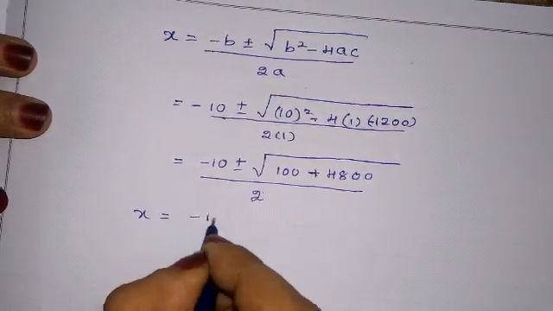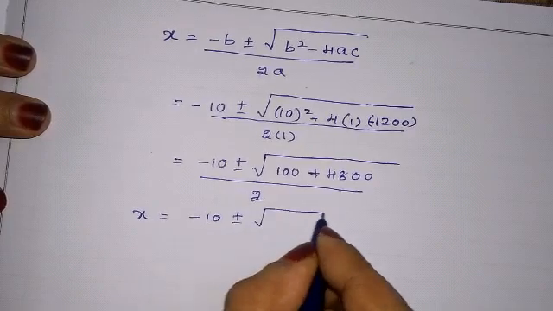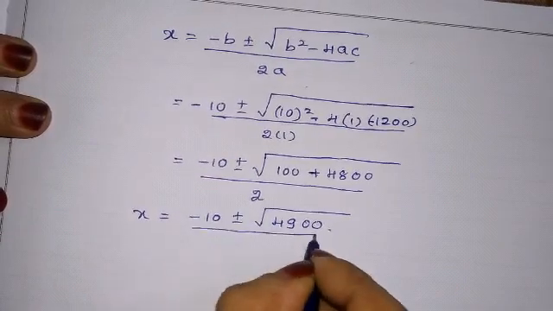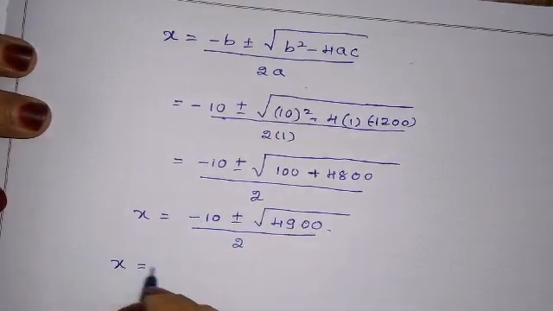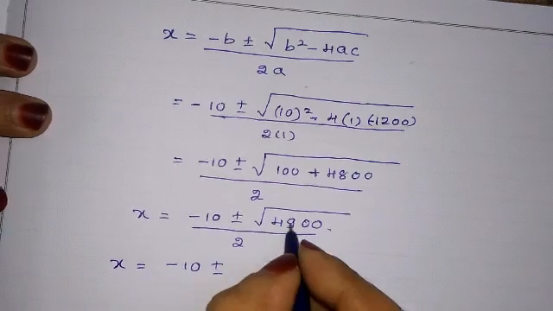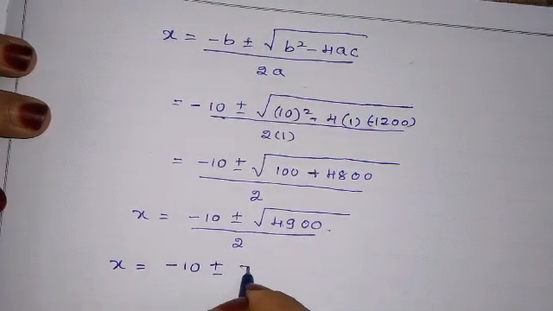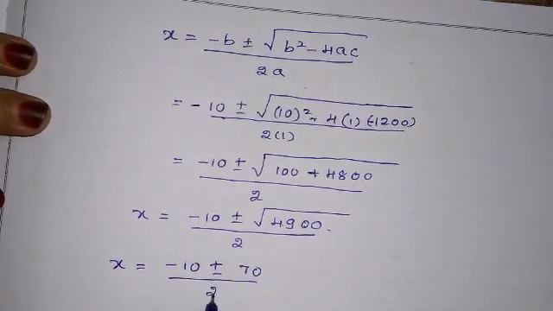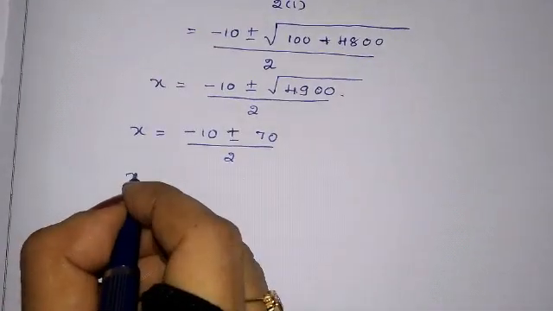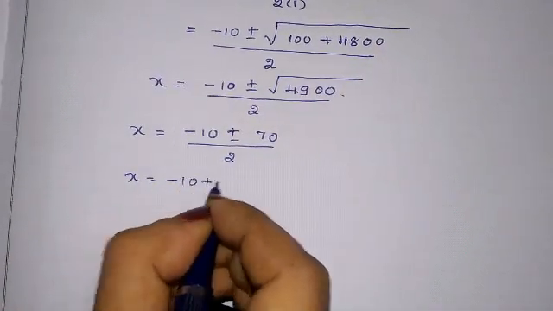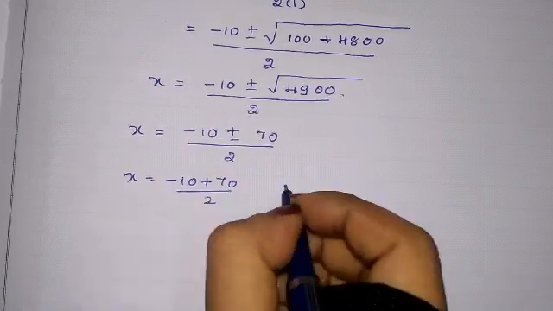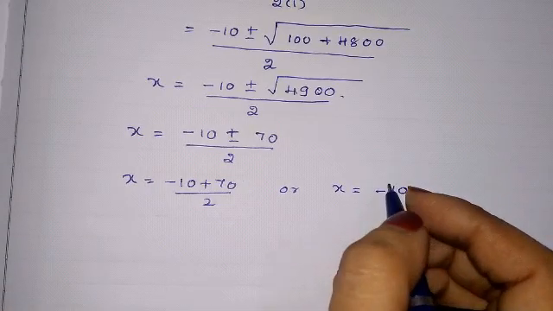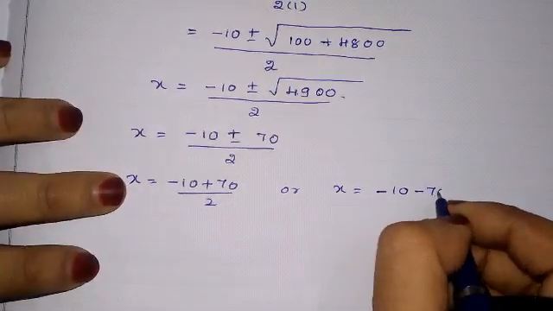x is equal to minus 10 plus or minus root of 4900 upon 2. x is equal to minus 10 plus or minus root 49, we know that is 7, we have to take one 0, 70, upon 2. We will have two values: x is equal to minus 10 plus 70 by 2, or x is equal to minus 10 minus 70 by 2.